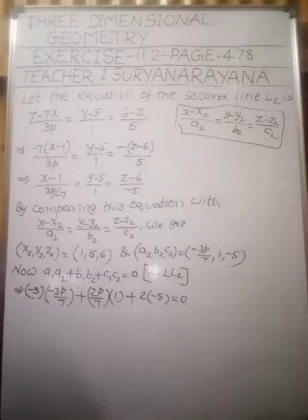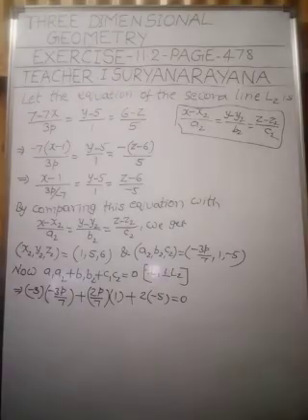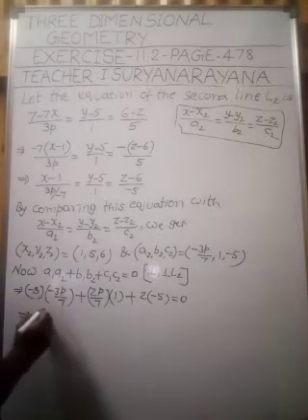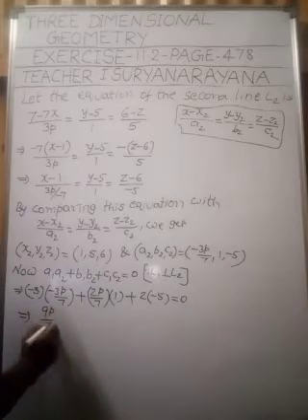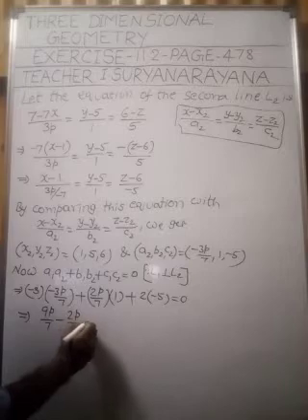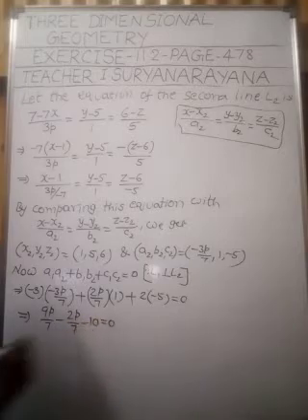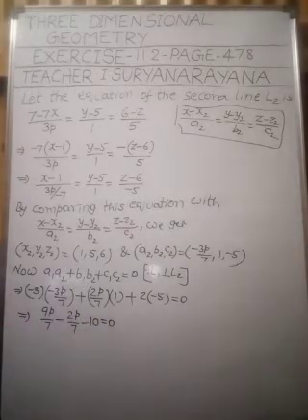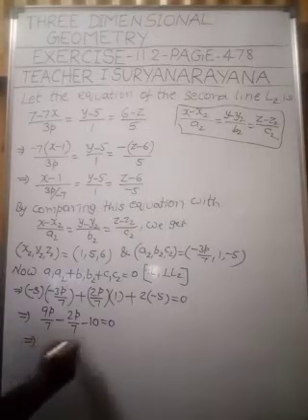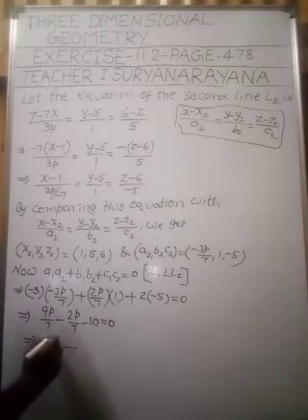From this equation, we find the value of p. What will we get here? 9p by 7 plus 2p by 7 minus 10 is equal to 0. Let us simplify these two terms. The LCM is 7.